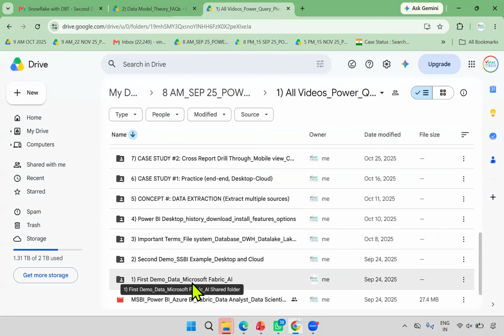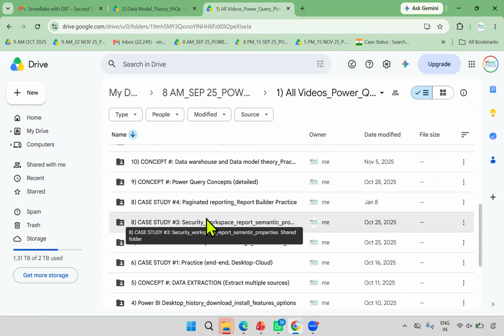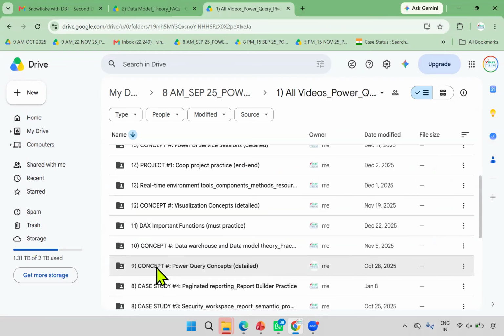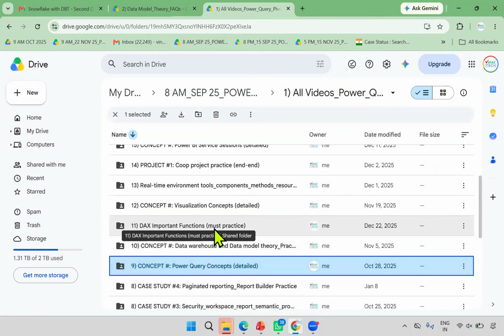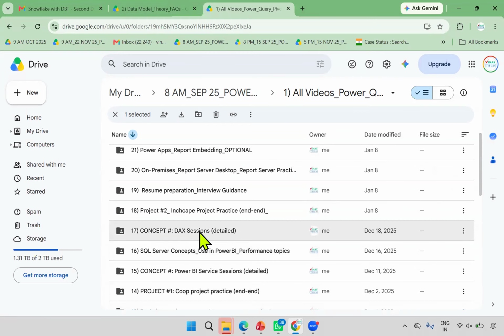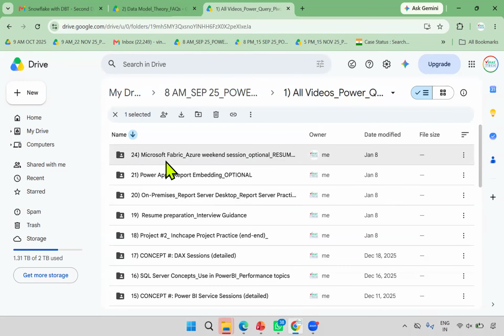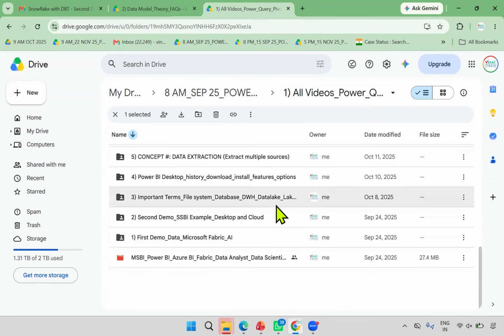First demo, second demo, case study 1, case study 2, case study 3, Power Query concepts in detail, DAX functions must practice, visualization detail, project 1, project 2. So everything you will see: Power Apps, embedding class, Fabric class, resume preparation sessions. So OneDrive with all folders and files you receive. And daily we will upload the videos in these kinds of folders.